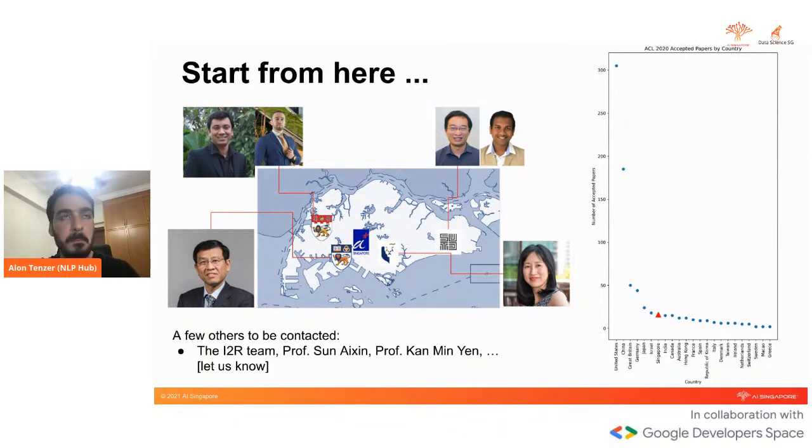And specifically, why do we think it's a good idea to do in Singapore? So as AI Singapore, admittedly, we have interest to promote local NLP research and translational research. But having said that, we are coming into a domain that is already rich in NLP research. We have strong universities and prominent researchers that are publishing every year in top conferences.